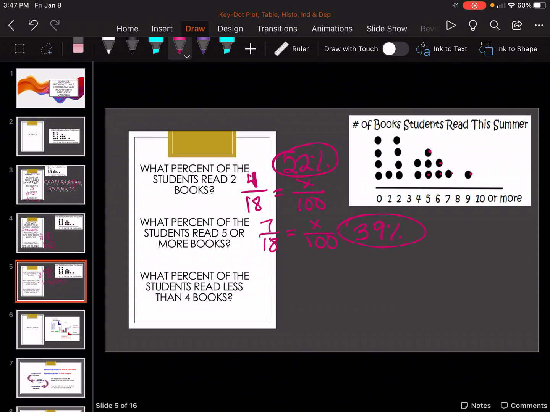And then what percent of students read less than 4? So that doesn't include 4. So that's 4, 5, 6, 7, 8, 9 out of 18 equals x over 100. That'd be 900 divided by 18 gives me 50%.